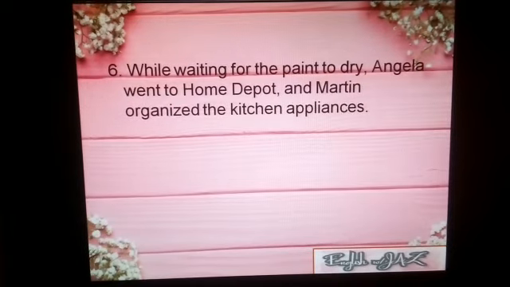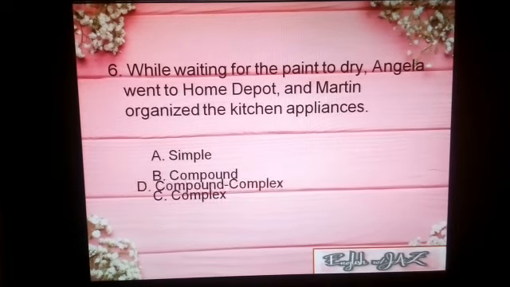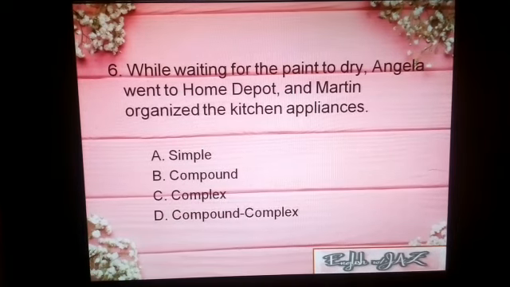Let's have number 6. While waiting for the paint to dry, Angela went to Home Depot and Martin organized the kitchen appliances. So what type of sentence is this? Once again, we have one dependent clause, which is while waiting for the paint to dry, which starts with the subordinator while.